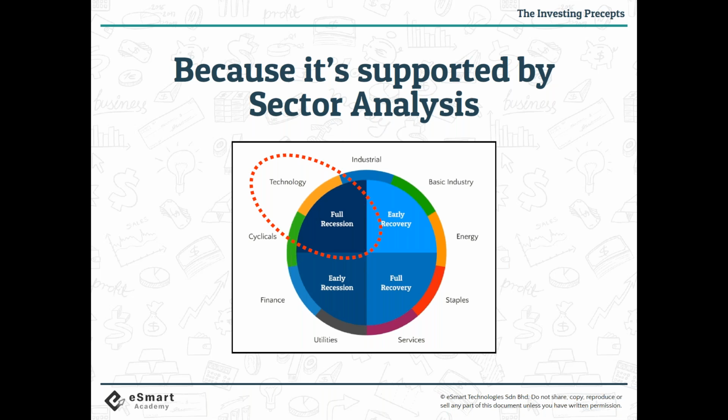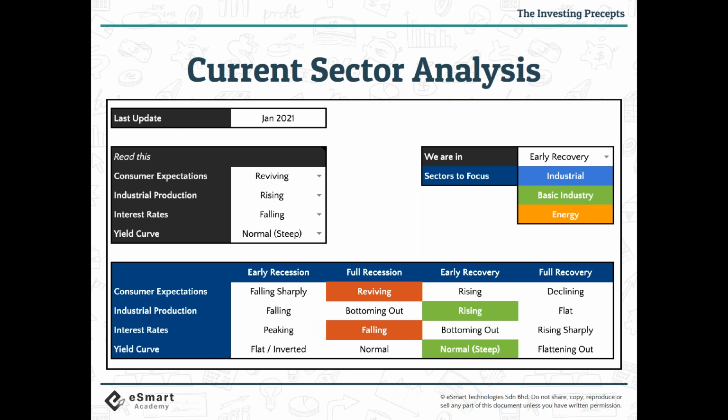Going forward into January this year, which is right now where we are, at least the first quarter of 2021, again, I'm utilizing some of these economic indicators to tell us which cycle we are in. At the bottom, you'll be able to see the red and green highlighted ones.